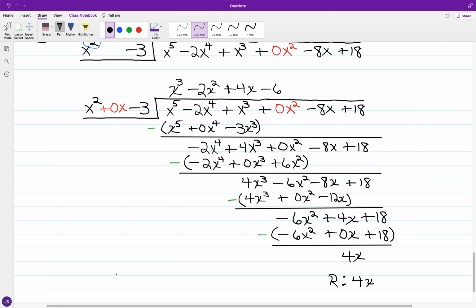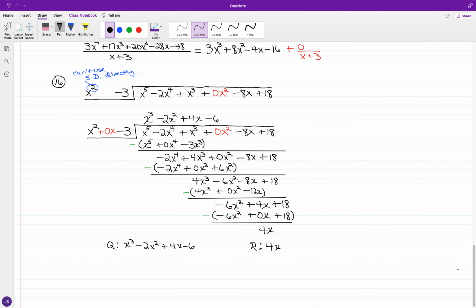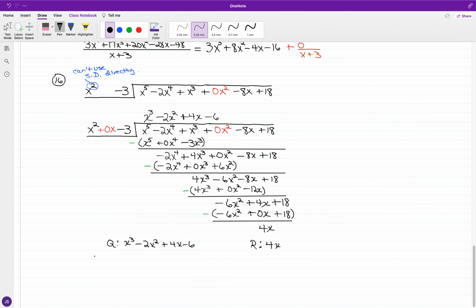Again, for the quotient, it's going to be this cubic polynomial expression. And for what we have in sum, if I had to display the result along the lines of quotient, remainder, and divisor terms.